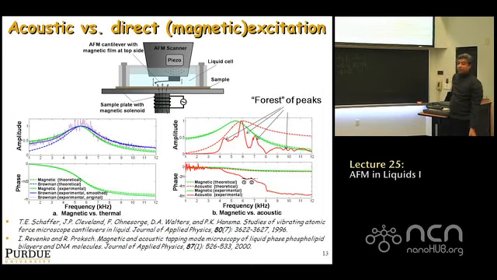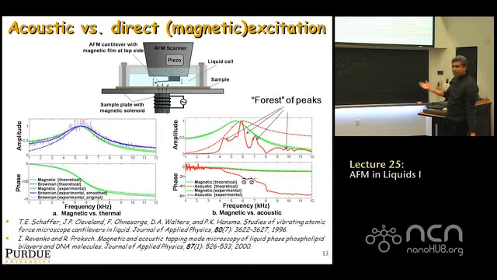This is an experiment where the same cantilever under the same setting can be driven either by dither-piezo or by a magnet. We just switch the excitation, whether we do it using a piezo or magnetically, okay? When you do piezo excitation, you see you get many peaks and resonances.